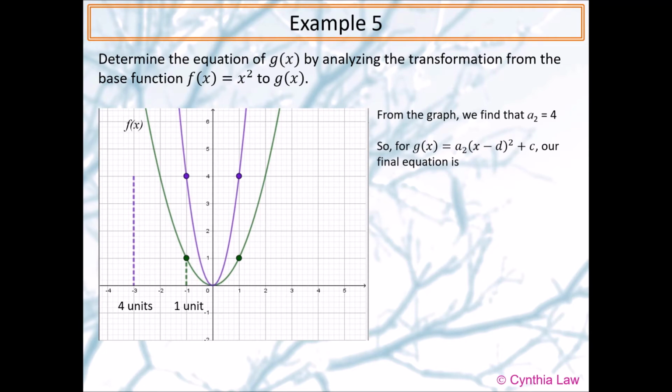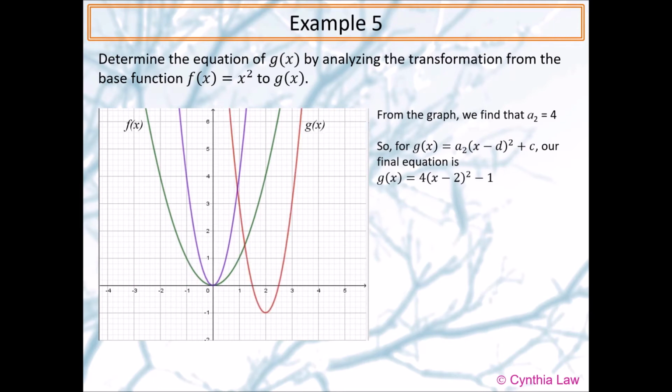So substituting our a subscript 2, d, and c into this equation, we have g of x equals 4 times, open bracket, x minus 2, close bracket, squared, and then subtract 1. So comparing all 3 graphs together, you can see before, which is f of x, the middle curve, not named, and then we have a final curve which is given to us as g of x.